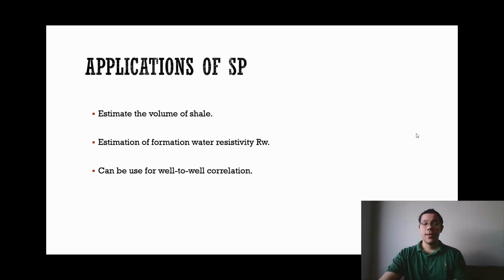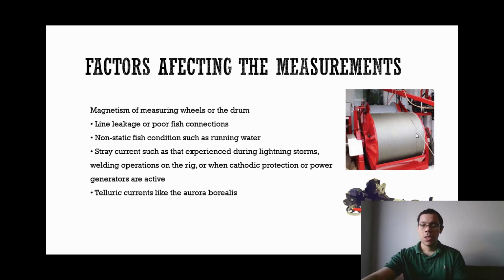You can also make an estimation of formation water resistivity, or Rw, and it can be used for well-to-well correlation. Although it's not the preferred curve for correlation, it would be better if you had a gamma ray to correlate.